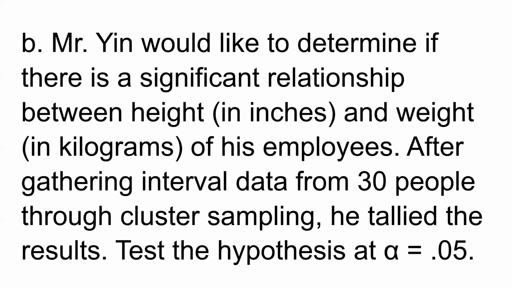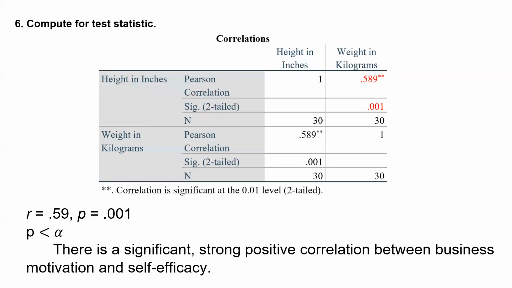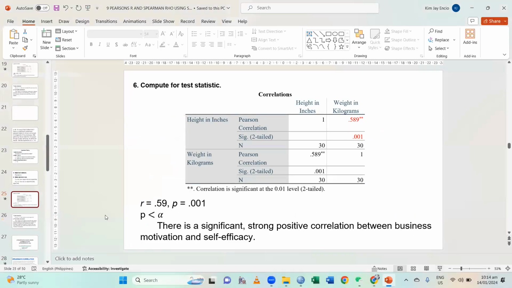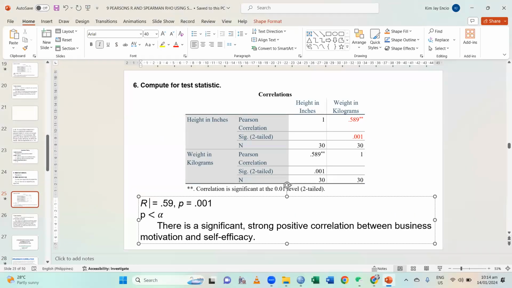That's why I place here, since P is less than alpha, no? Okay. So R is equal to, R inside.